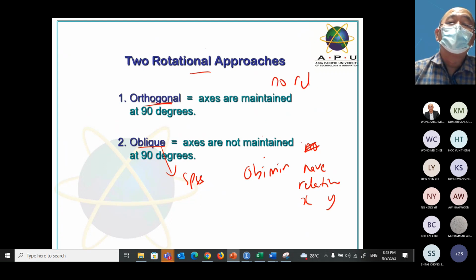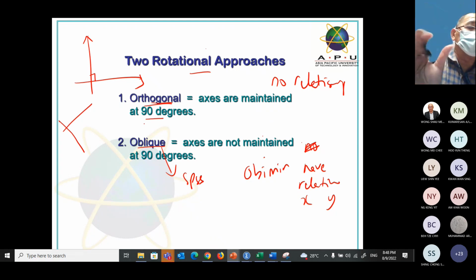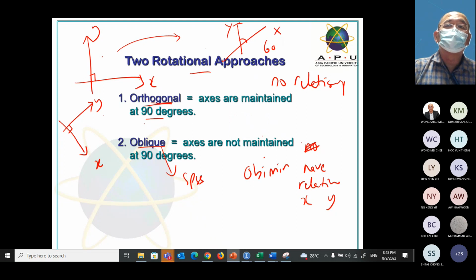In orthogonal rotation the axes are maintained at 90 degrees. Even after a bit of rotation, the whole diagram turns to the right but they still maintain 90 degrees. With oblique, normally they do not maintain it. For example, maybe 60 degrees, with Y here and X here.